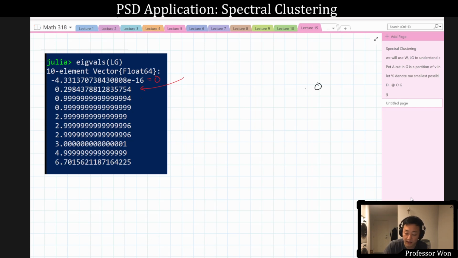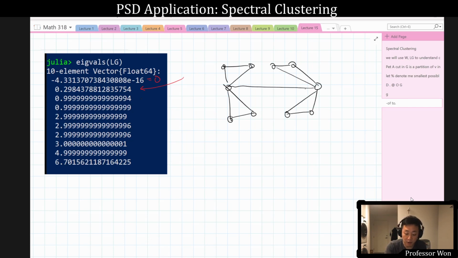Again, the graph looks like this, and it's pretty close to being disconnected into two pieces. And so that's reflected in the fact that the second smallest eigenvalue is rather small. Okay, then we have a little bit of a gap, so this is about 0.3. Then this is about 1. It might actually be 1. I didn't actually compute it.